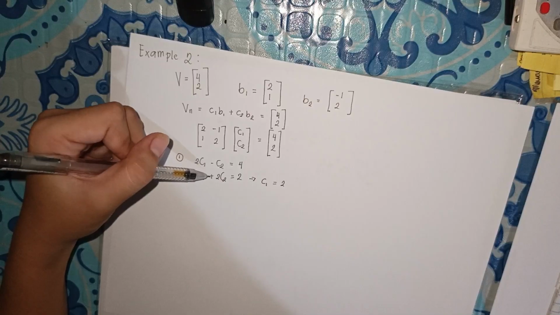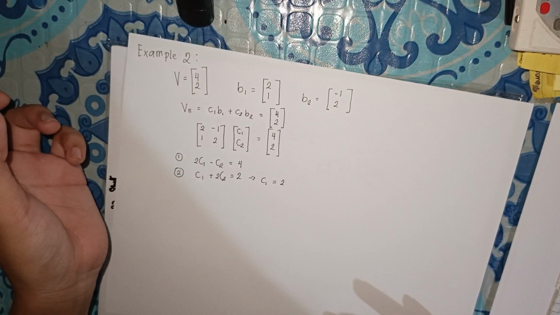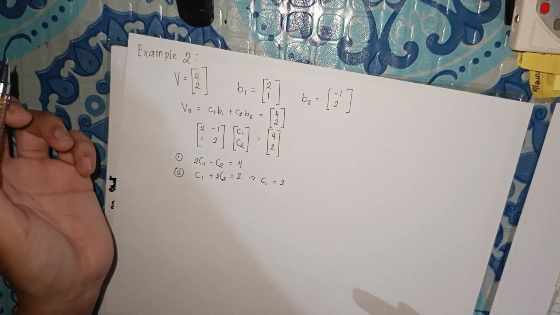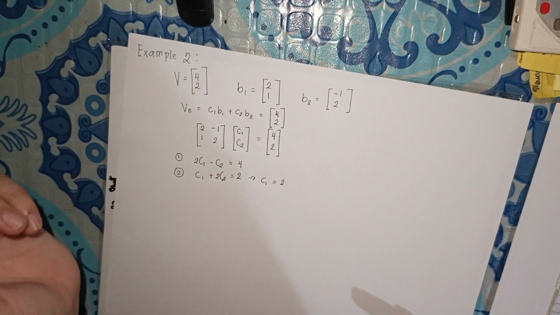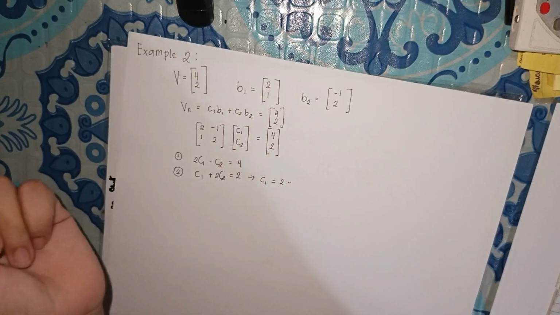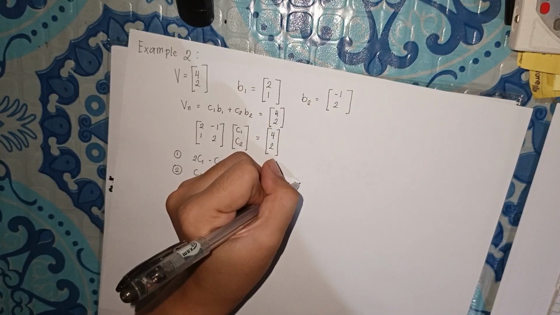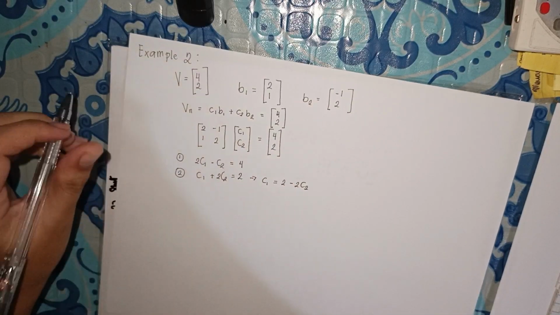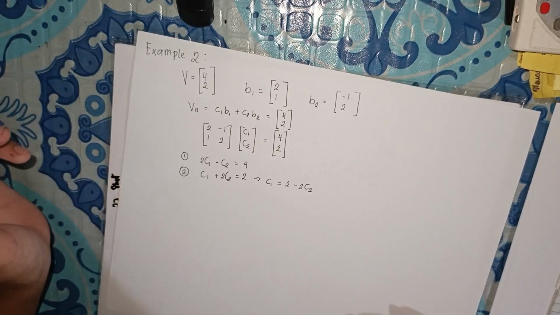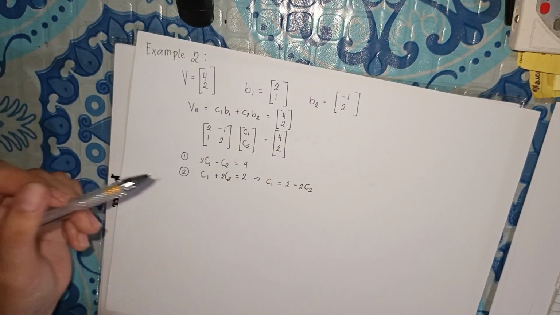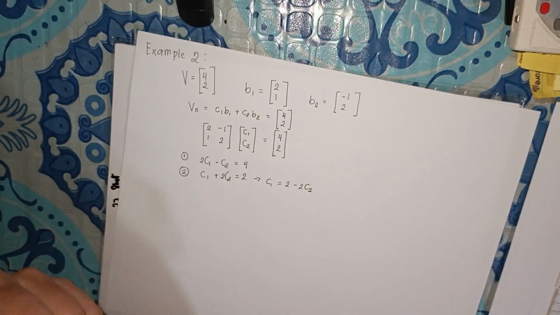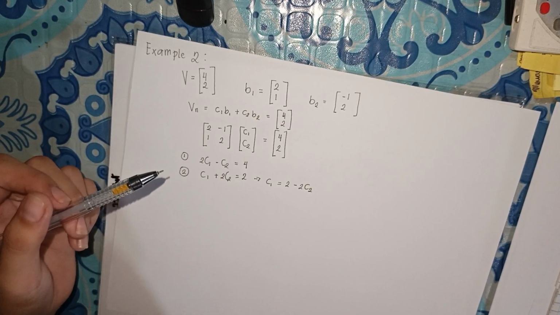Then since the 2 scalar 2 is positive, we transpose it to the other side, so it becomes negative 2 C sub 2. Now, we will substitute this in either equation 1 or equation 2.